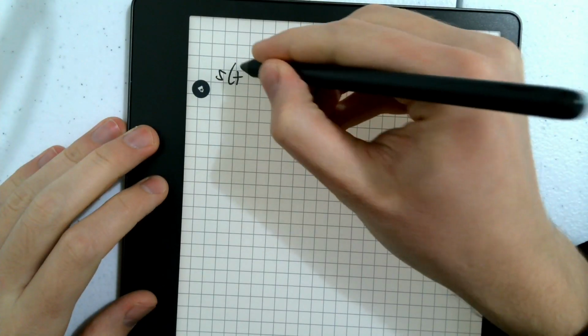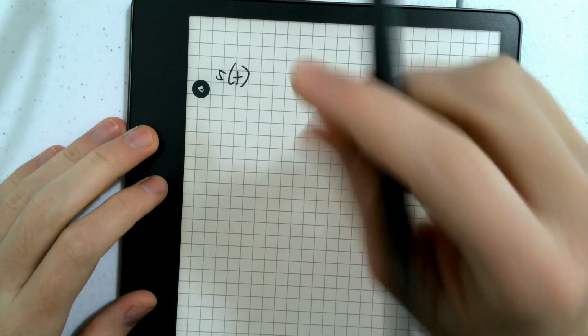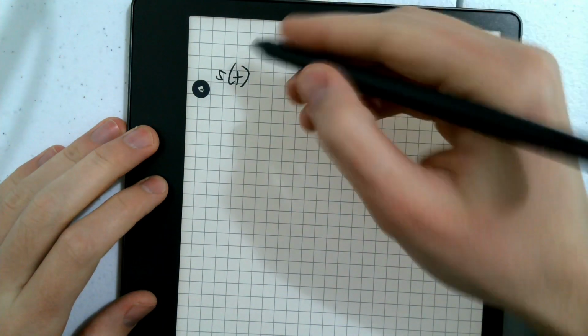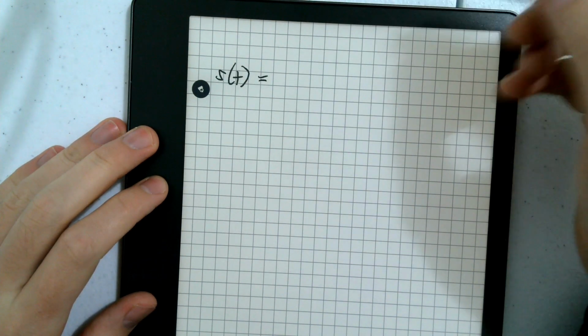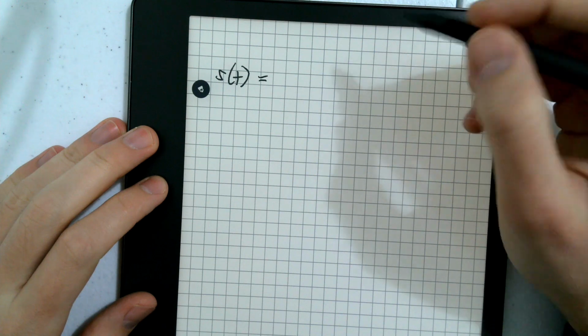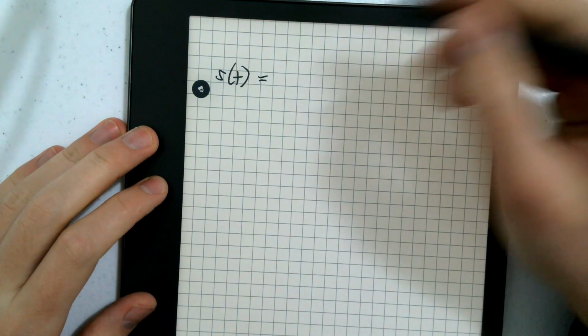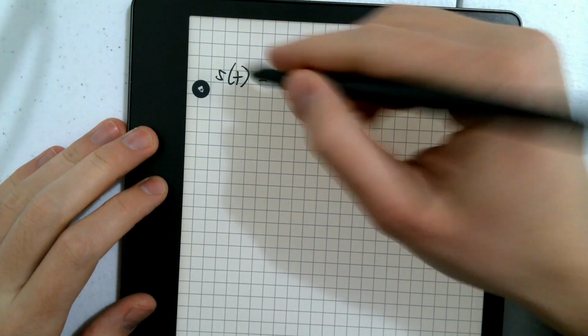So let's start out by writing what a signal is. Signal, we'll use lowercase s to express the sound signal. Small t is the time at which we're measuring the signal.